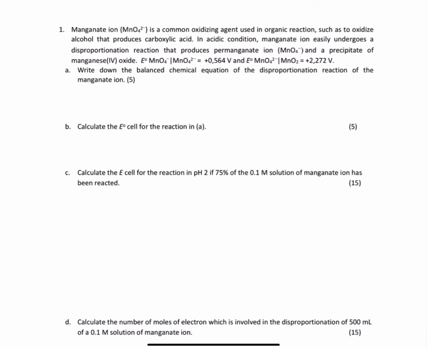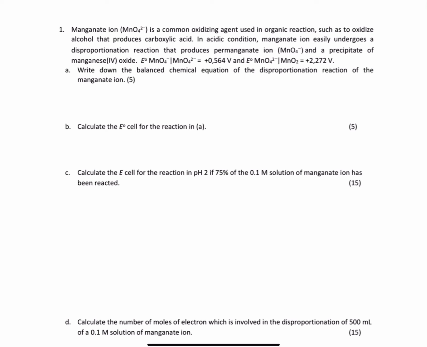So this disproportionation reaction means that a chemical undergoes oxidation and reduction simultaneously. So let's say one reactant produces two products, and each product comes from a half reaction, oxidation and reduction.